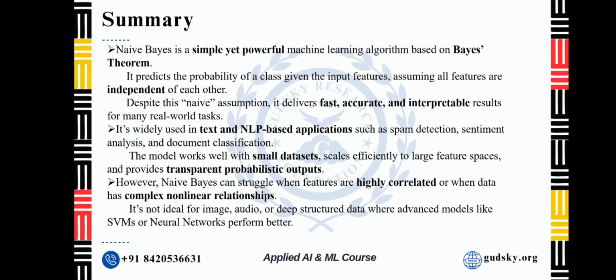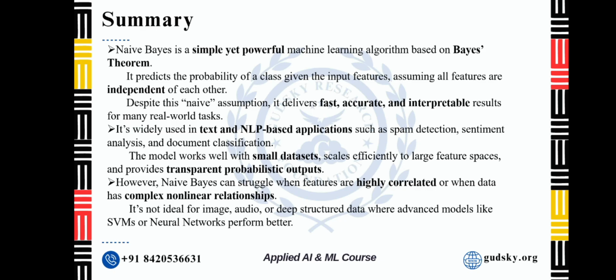It is widely used in text and NLP based applications such as spam detection and sentiment analysis. The model works well on small data sets and scales efficiently to large feature spaces. However, Naive Bayes can struggle when features are highly correlated and when there are complex non-linear relationships.